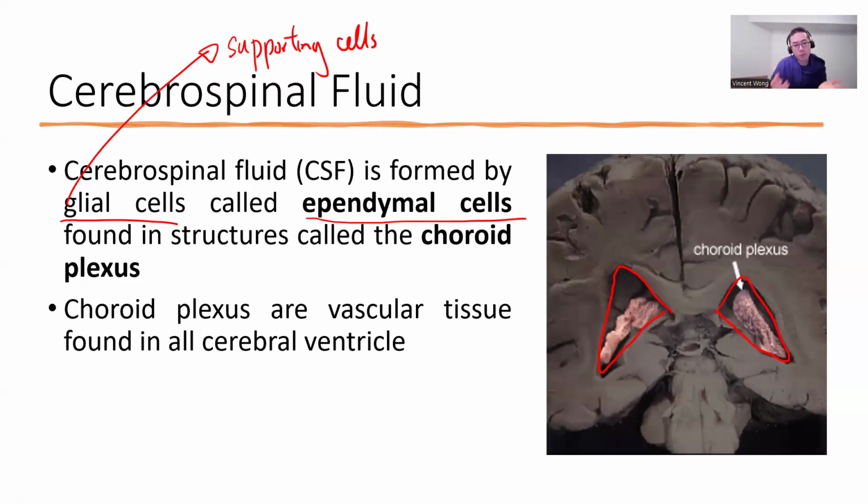And in this case, we have a type of glial cells called the ependymal cells, and they are found in the choroid plexus, which in turn are found in the ventricles of the brain, and they are responsible for making CSF. It's a continuous production.